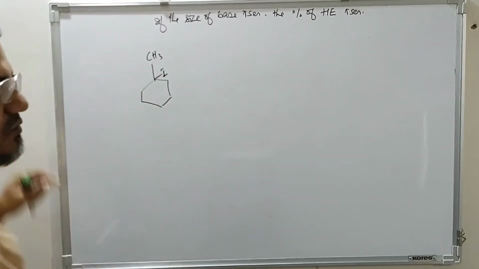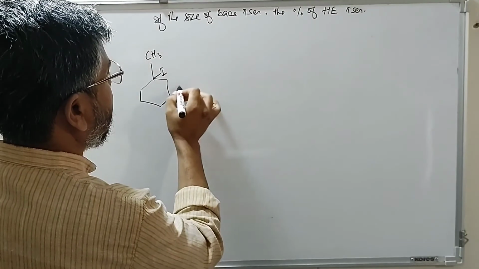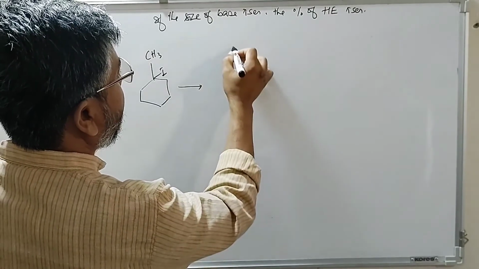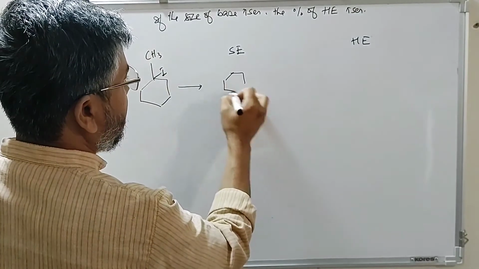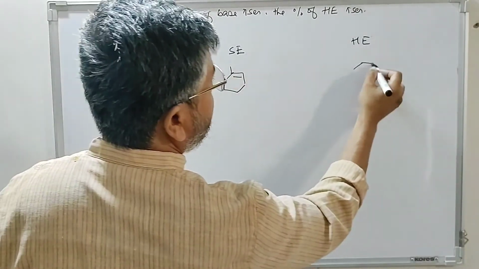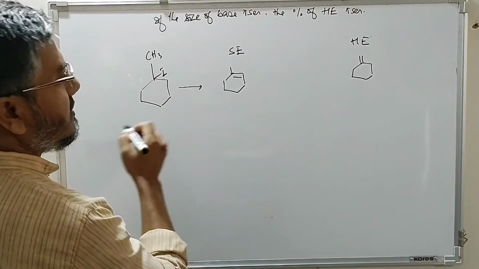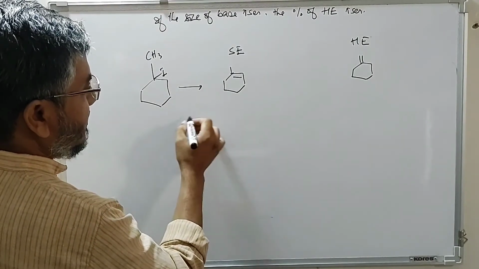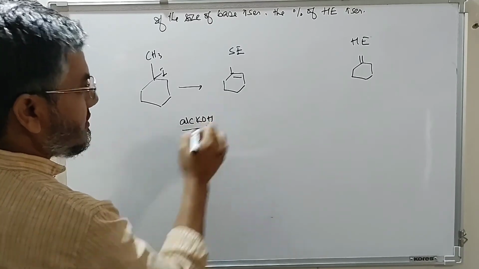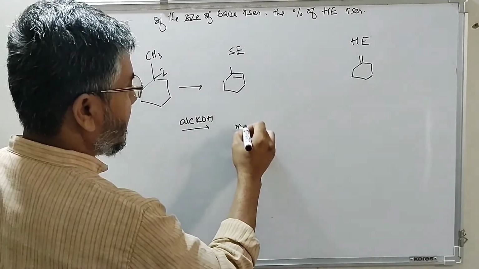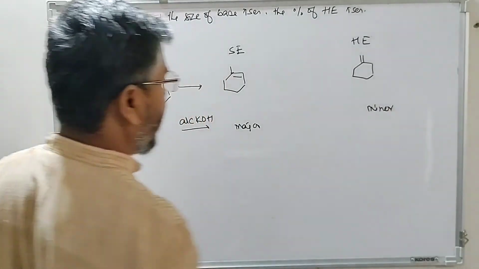We have used this 1-methyl cyclohexane. We have the Saytzeff product, we have the Hofmann product. So this is the Saytzeff product, this is the Hofmann product. Now look at this. If we are using this base, alcoholic KOH, then Saytzeff is forming as major and this is forming as minor.